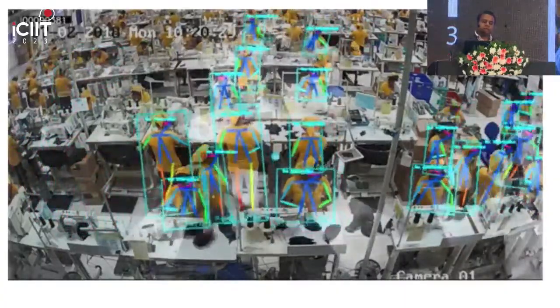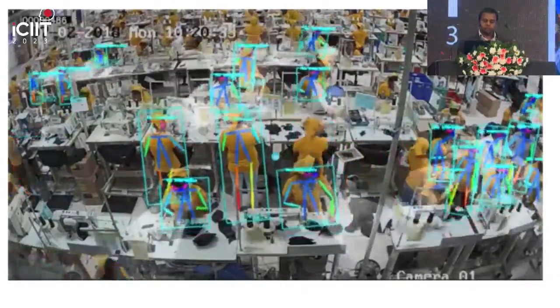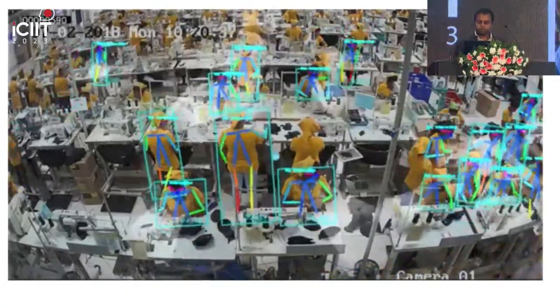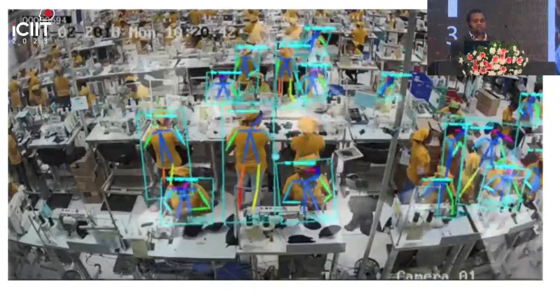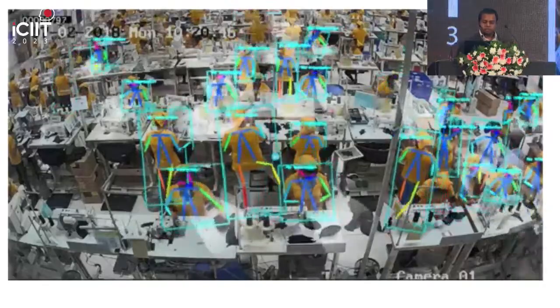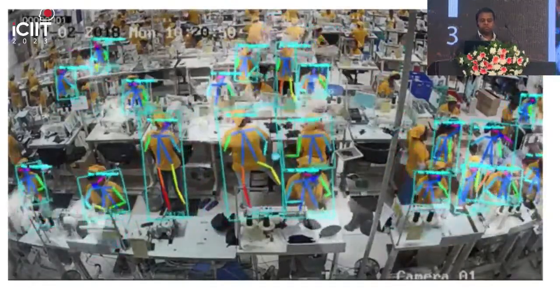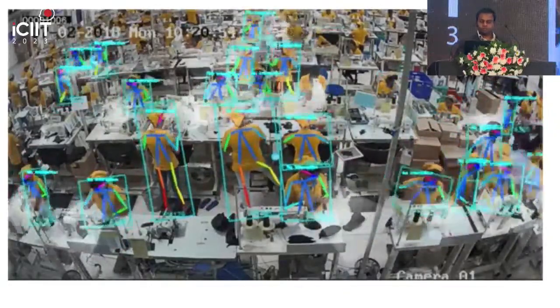But here what we are monitoring is the attention span of the associates and the real time that they spend on the job. These are some of the example use cases where we could use AI and ML tools to generate insights and, most importantly, improve the efficiency of the workflow.